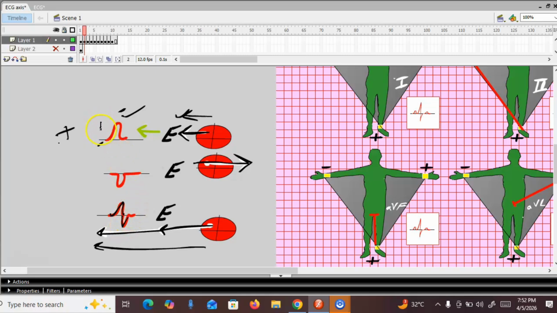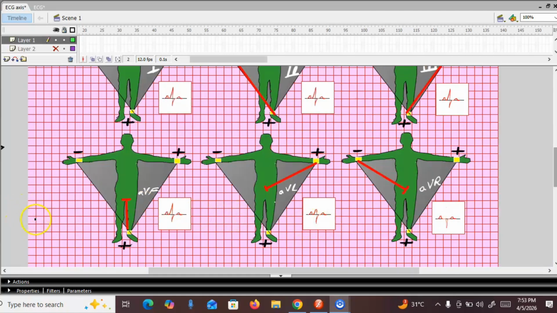So here you are getting a positive deflection, and here it is going below the baseline, that is a negative deflection. You are getting one positive and one negative. This wave is called a biphasic wave. So whenever the vector is going tangentially, you will get both deflections, half positive, half negative.